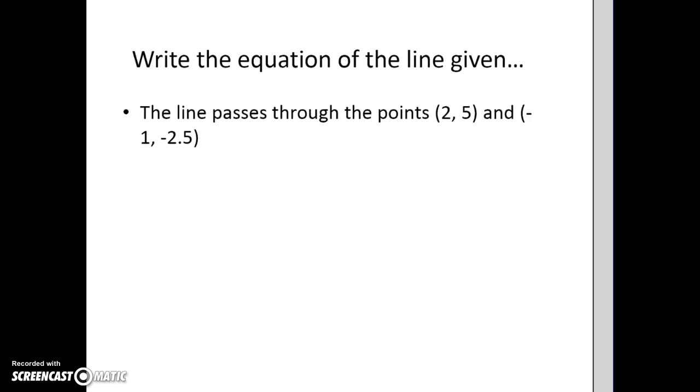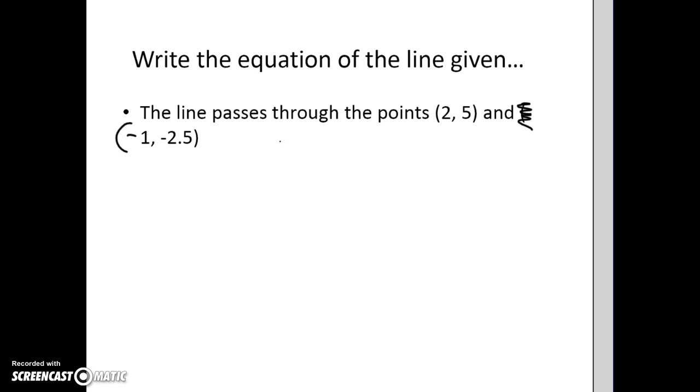Okay, this time we're asked to write an equation of a line, and we're given 2 points. I'm going to rewrite this point because it split on the screen to say -1 there. We don't have the slope given to us, but we do have 2 points, and we know how to find the slope using 2 points. The change in y, the rise, over the change in x, the run.